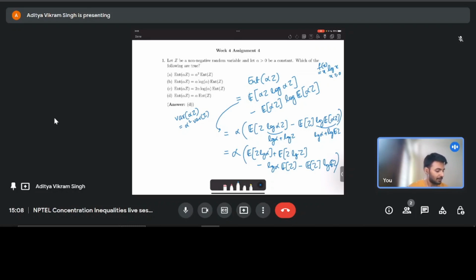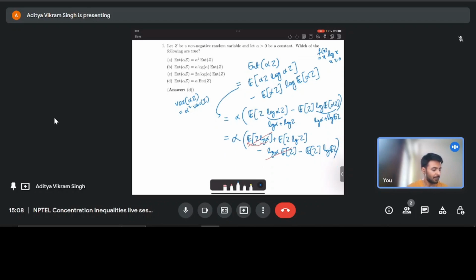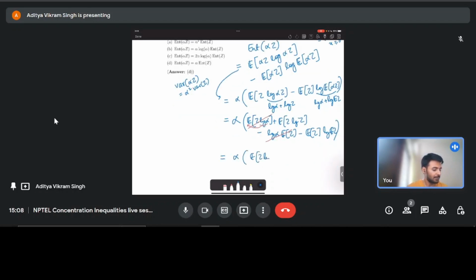So this log alpha can come outside because it's a constant, and so this gets cancelled with this, and so basically we are left with alpha into expected value of Z log Z minus expected value of Z log expected value of Z, which is just alpha into entropy of Z. So unlike the variance where this alpha square comes out, we have alpha here for entropy.